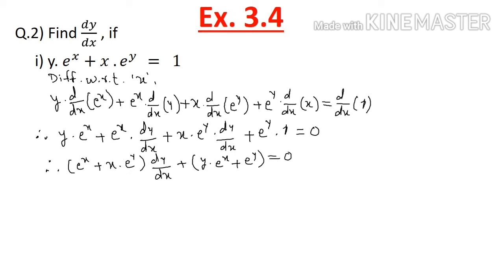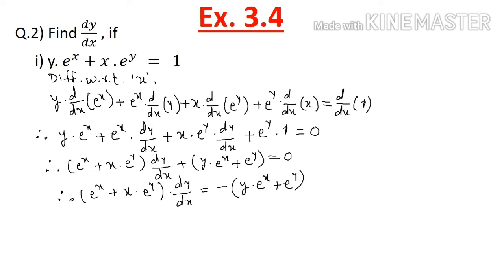Now we have to find dy by dx. So first let us take this y into e raised to x plus e raised to y on the right hand side. So you get e raised to x plus x into e raised to y, into dy by dx, will be equal to minus of y into e raised to x plus e raised to y.